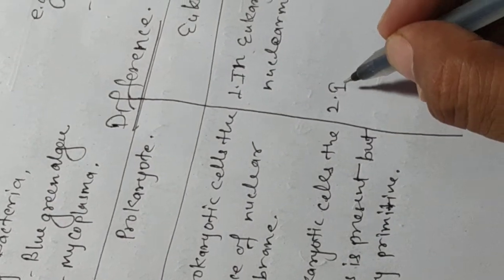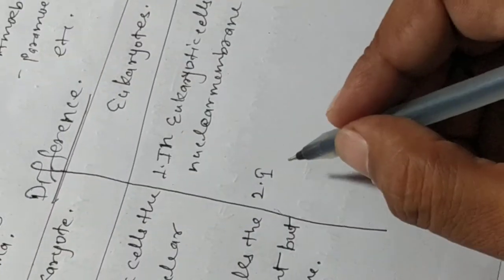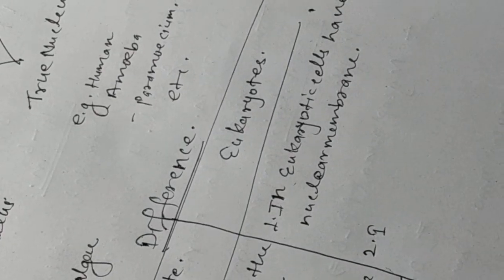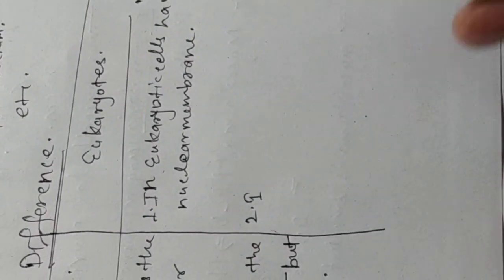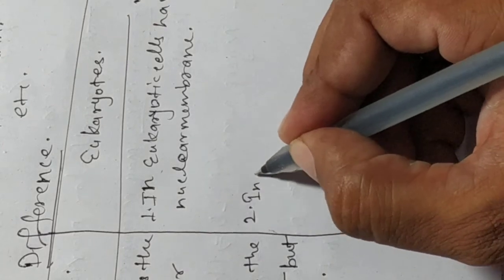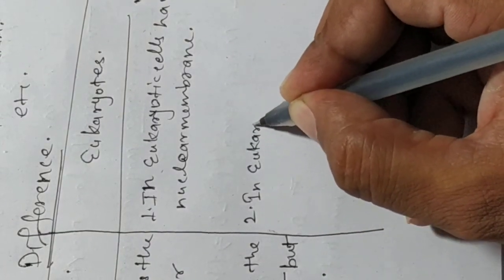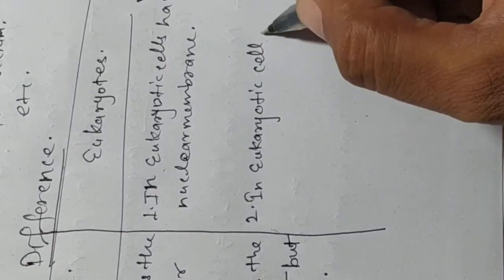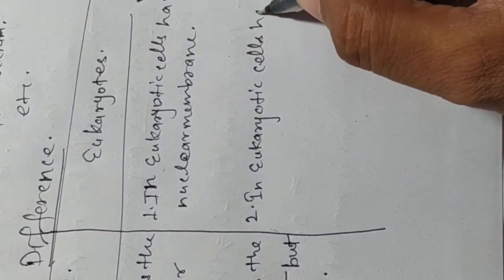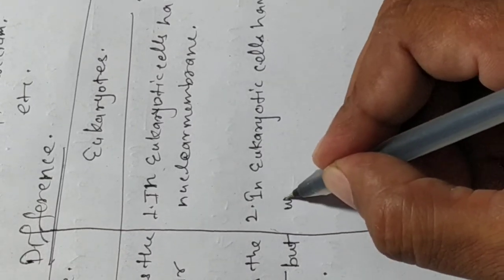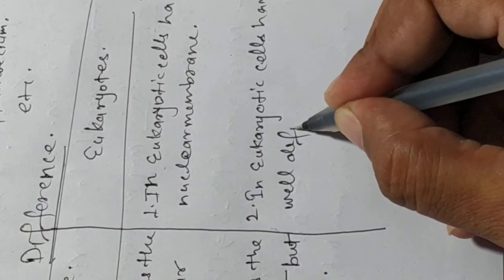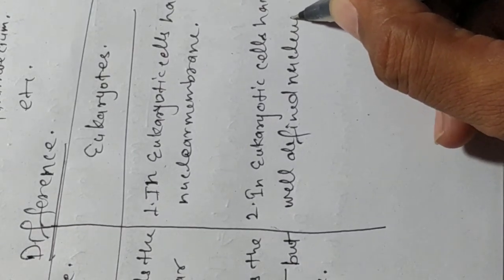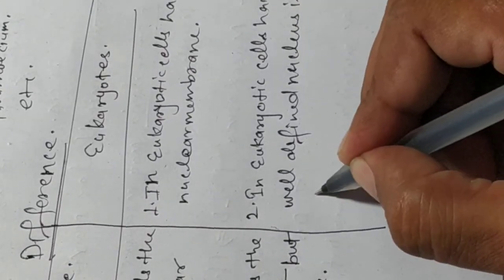In eukaryotic cells, a well defined nucleus is present.